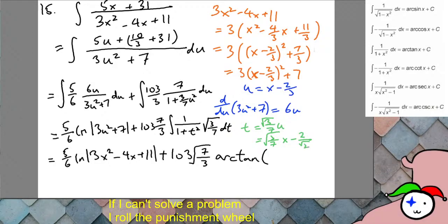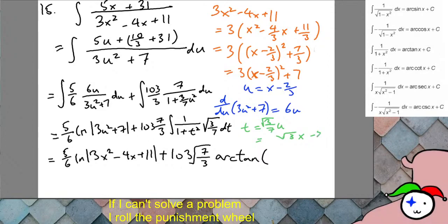So root 21. Or, more succinctly, root 3x minus, I forgot what I wrote down. 2.